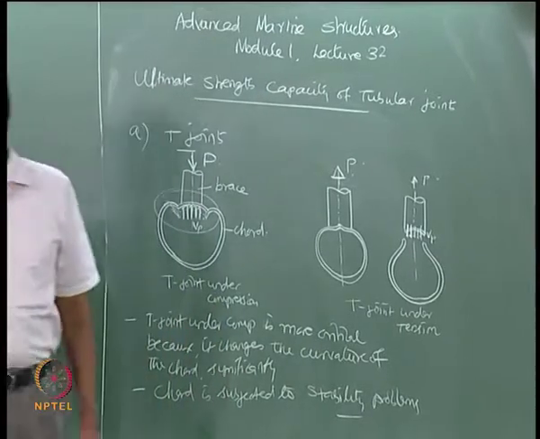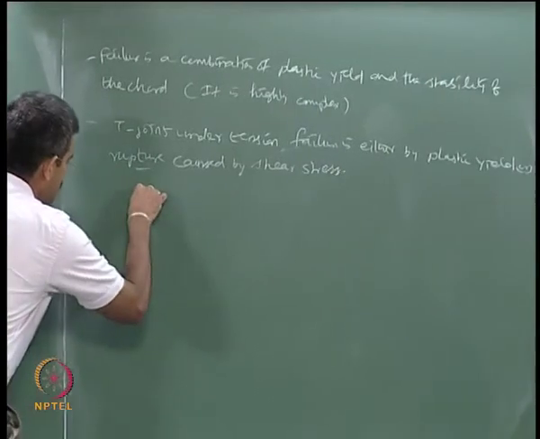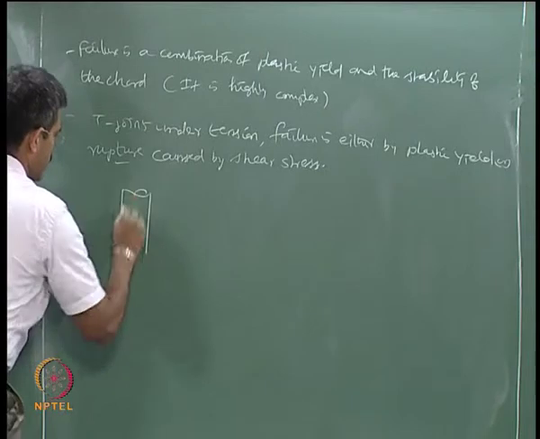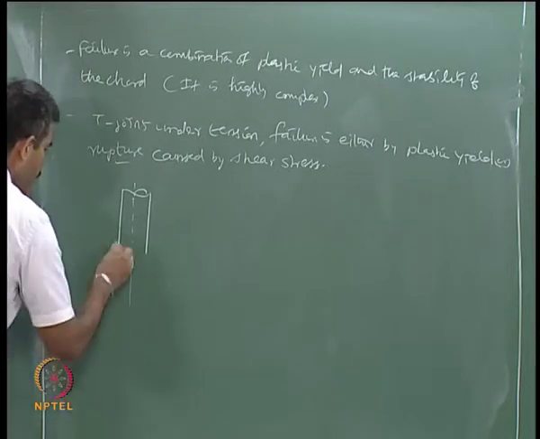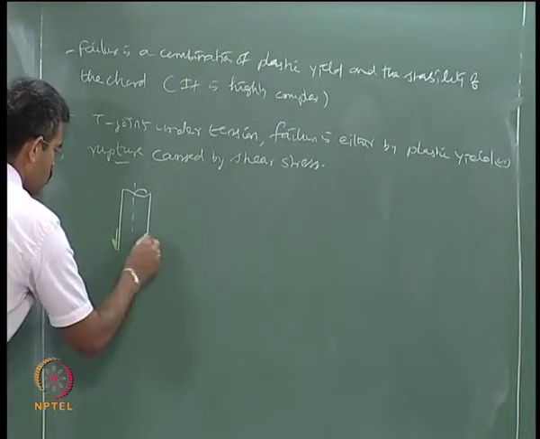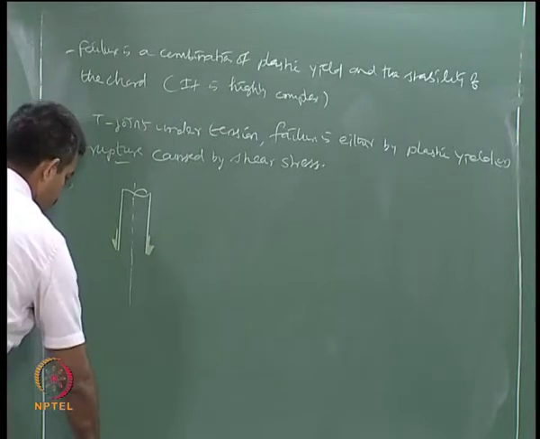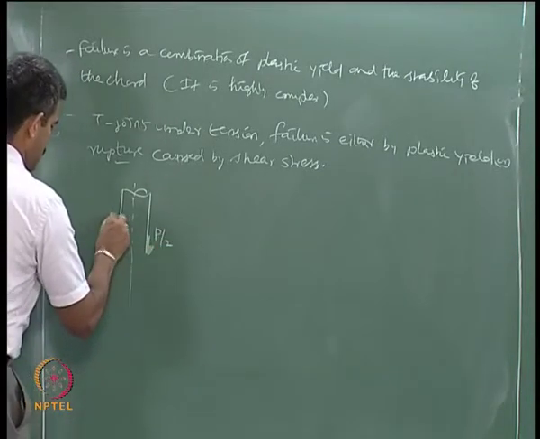So let us say this is my brace, which is imposing the force to the chord. The total force is P, we can say this is P by 2 and this is P by 2.